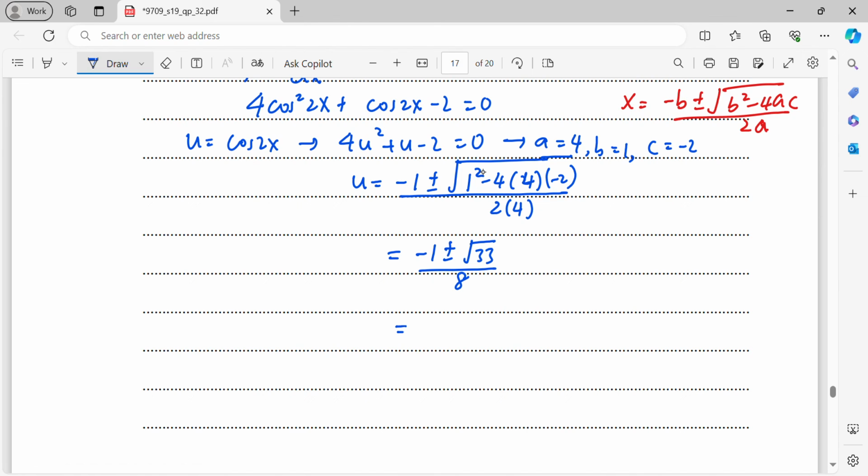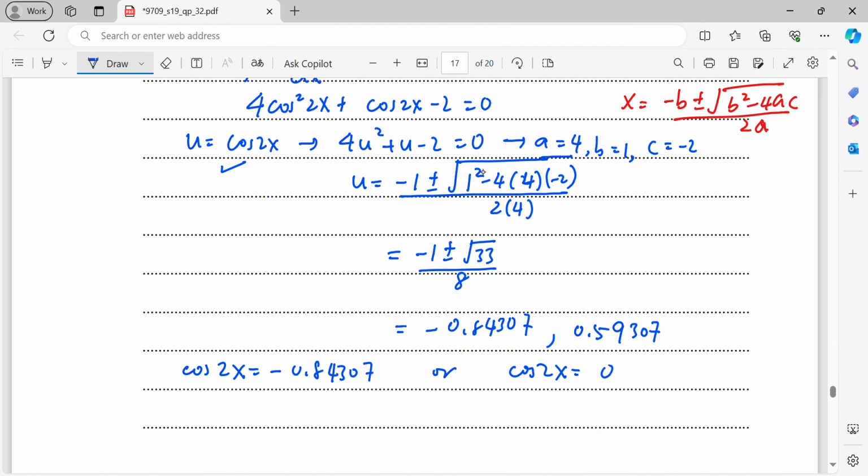And now I will calculate two values. So when you calculate using the minus, you will be getting negative 0.84307. And the other one with a positive sign, that is 0.959307. So now refer back, or substitute back into here. So cos 2x is negative 0.84307, or cos 2x is the positive value.